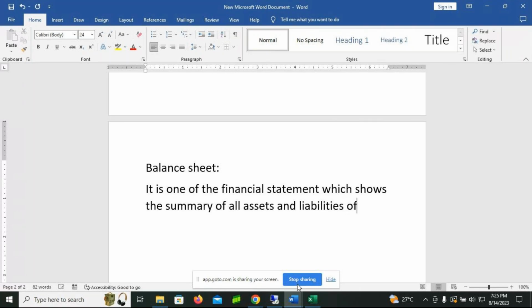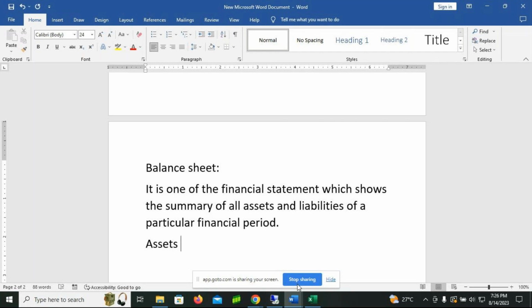Yes, ma'am. What are assets? Assets are economic resources of the company, ma'am. Yes, very good.